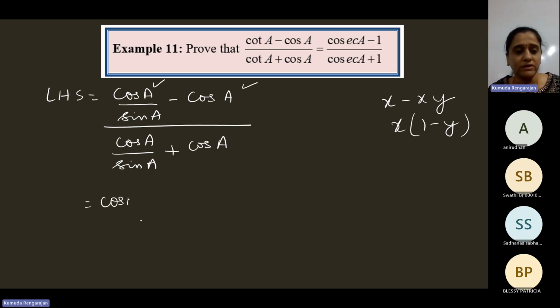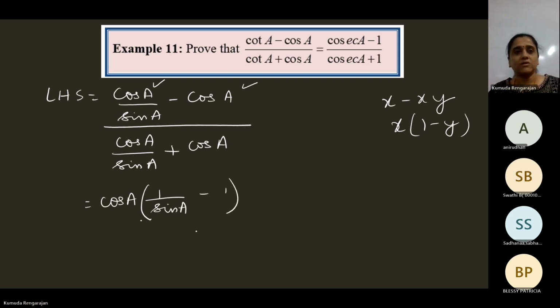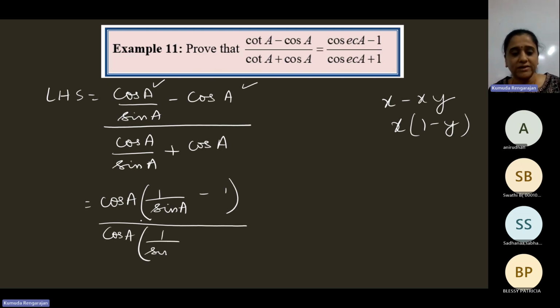So cos A common in the bracket: 1 by sine A minus 1, divided by cos A common in the denominator, cos A bracket 1 by sine A plus 1. Now you can cancel. Cos A gets cancelled.